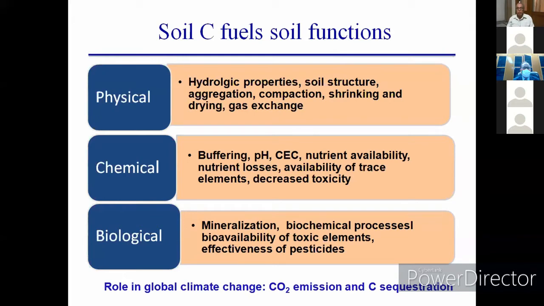They complex toxic elements. So physical, chemical, and biological are interrelated, and the key property which interrelates them is ultimately the so-called organic matter. And then the net effect also affects carbon emissions, carbon sequestration, and ultimately climate change.